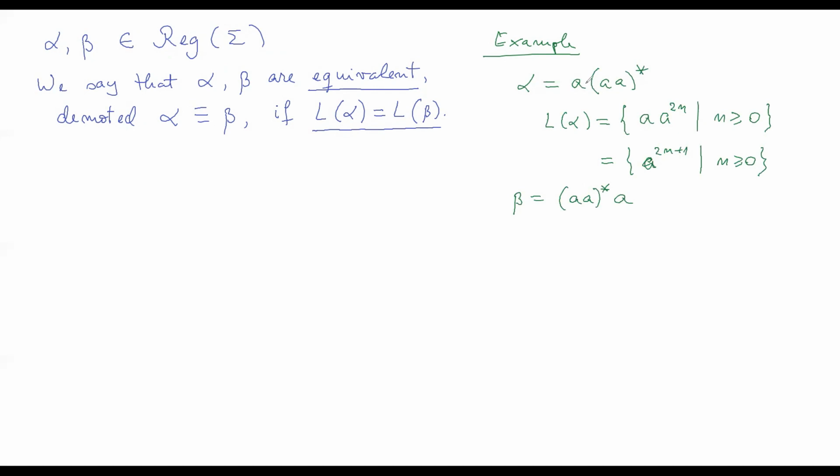I have a concatenation between one expression here and the star of another expression, and here is a concatenation of the star of something with a letter. So as far as constructions go, they are different, but it turns out that the language of beta is exactly the same as the language of alpha, and so this is an example of 2 regular expressions that are equivalent.